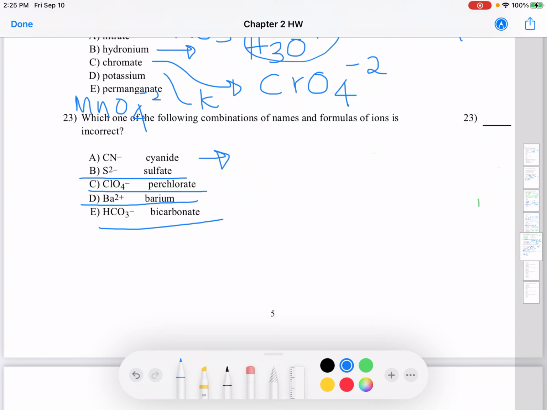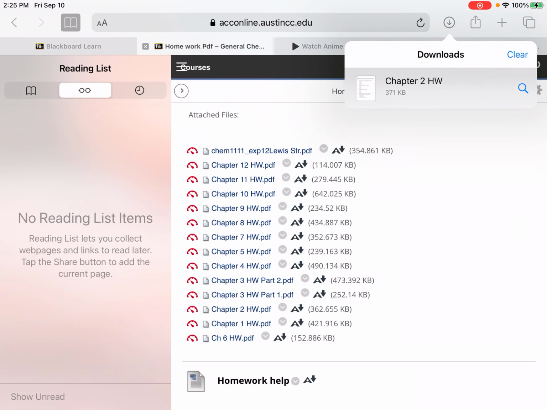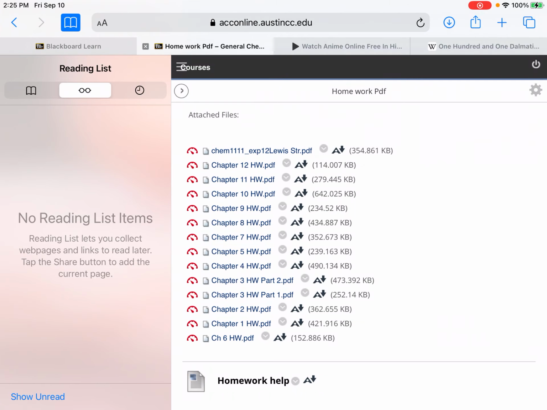Again, you can refer to the chart on Blackboard and find out which one is the correct one or the wrong, incorrect one. The chart that I'm referring to, let me show you where to find that chart.